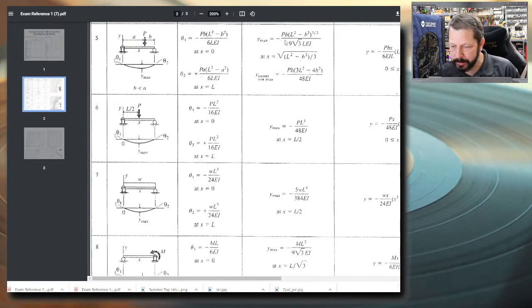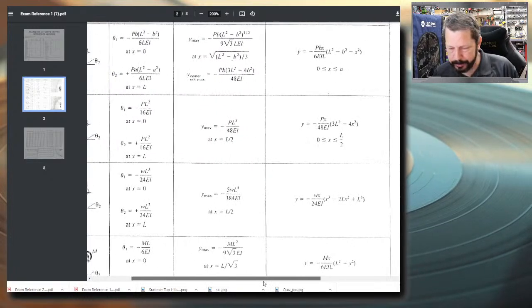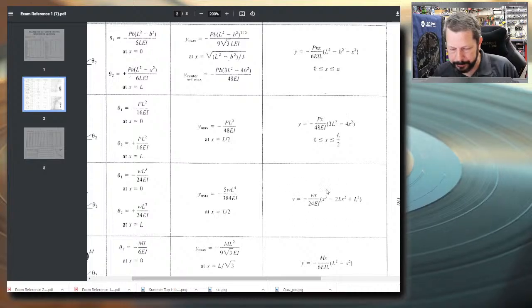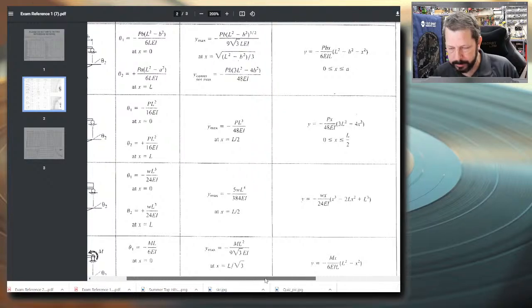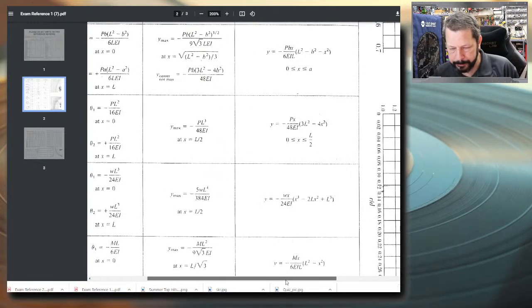This one, I wonder if I got the wrong equation. For the distributed load, I have the wrong equation. I have the one that matches up with the point load in the middle. That's what's wrong. We can fix that.